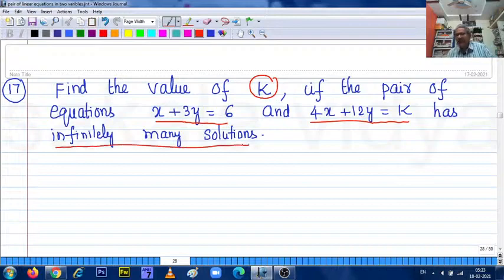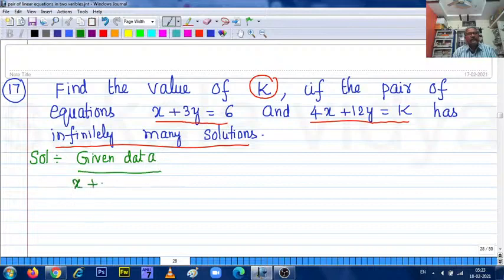First of all, let us write the given data. What is the given data? Yes, you are correct. First let me write the first equation: x plus 3y equals to 6. Transpose 6 to the left hand side, so that we get x plus 3y minus 6 equals to 0.